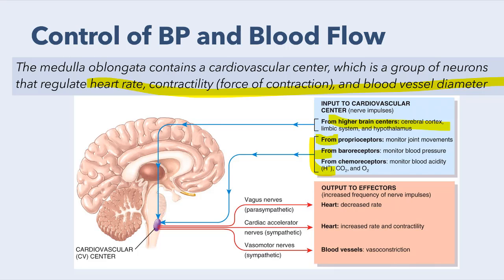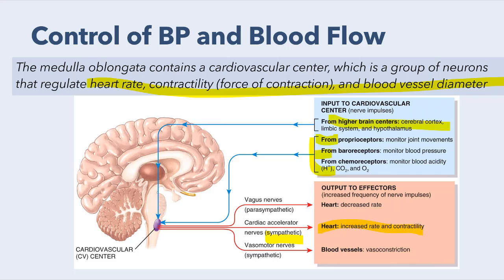Now, the output from the cardiovascular center, so what goes out, goes through the parasympathetic or sympathetic fibers. So what are some things that are controlled by the sympathetic fibers? One of which is increased heart rate and contractility. So these neurons innervate the heart directly and cause it to beat faster or increase the force of contraction.